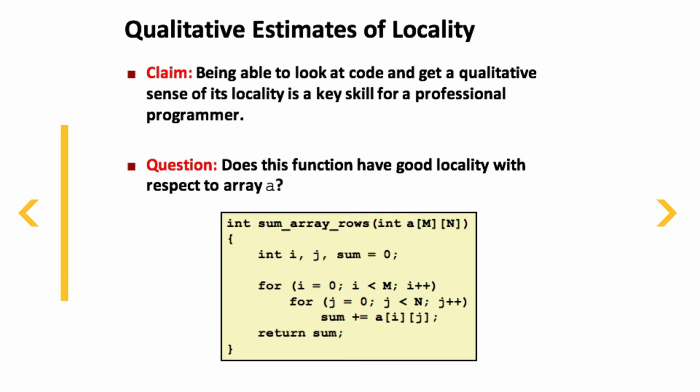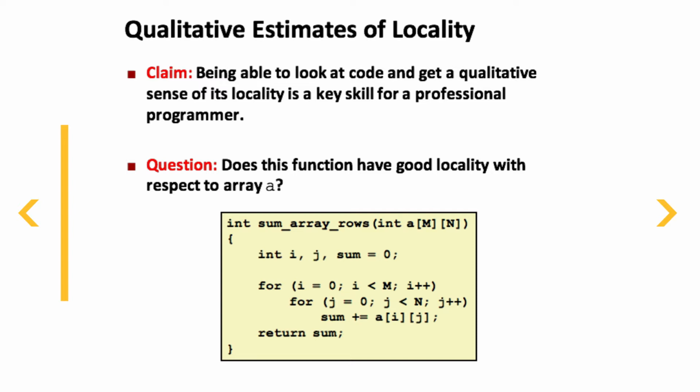Well, in this case, it does, because that outer loop references the row. The inner loop references basically the elements within each row. So we're going to start out at row 0 and look at each element in row 0. Then we'll go to row 1 and look at each element there. If you think about how that's laid out in memory from our previous videos, then yes, we're just stepping right through address to address to address.